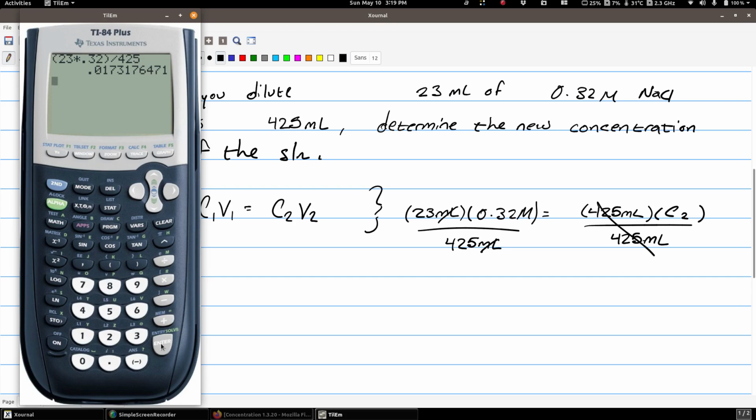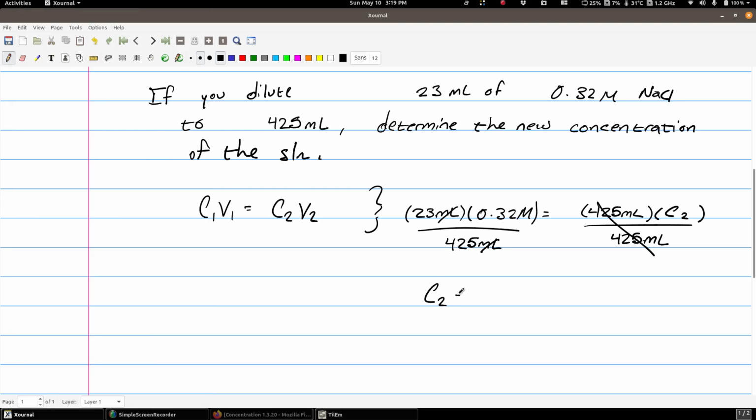So our new concentration is 0.0173. So C2 is equal to 0.0173 molar. That means you have this many moles per liter when before you had that many moles per liter. And that's essentially what a dilution is. That means you have more water than you have your solute in there.